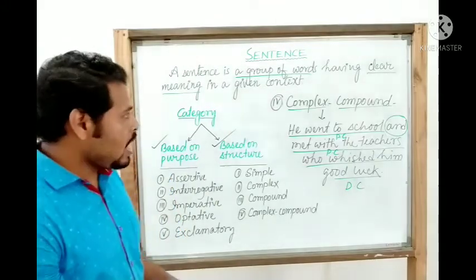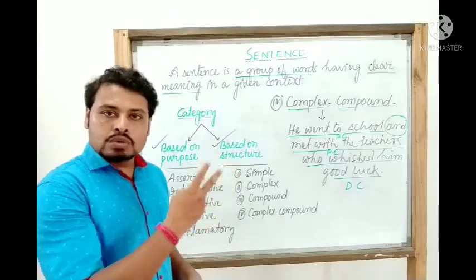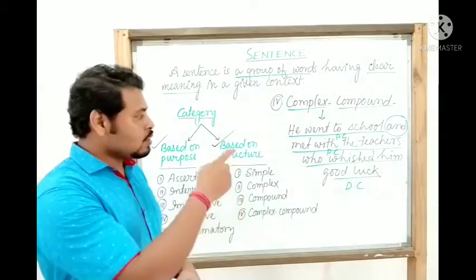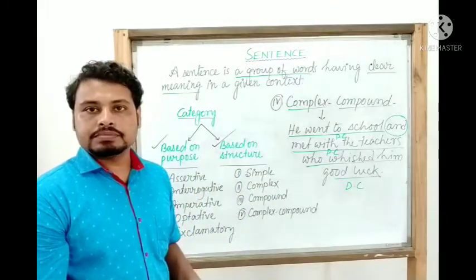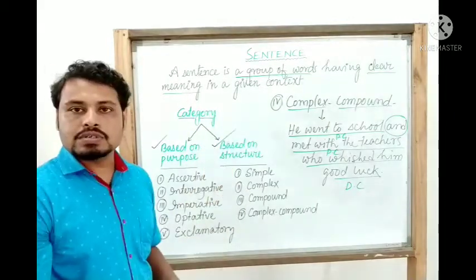So this is what a complex compound sentence is, where we have two independent clauses joined together along with one dependent clause. And this may be a new category, so hopefully it is understood.